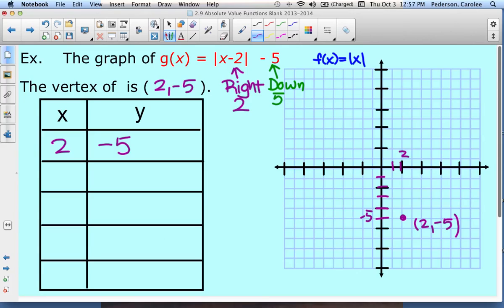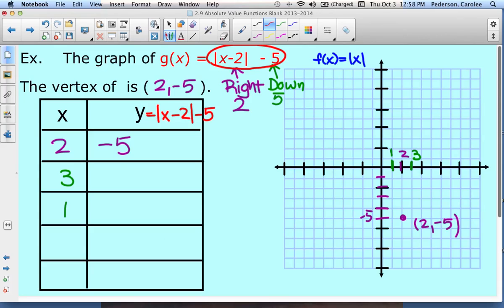Now we're going to go ahead and pick a point on the x-axis directly to the right one and to the left one. So I'm going to go to my x-axis, right now I'm at 2, I'm going to go right 1, so now I'm at 3, and left 1, now I'm at 1. And those are the numbers I'm going to evaluate. So I have 3 and 1. Remember, what I'm evaluating is this function, the absolute value of x minus 2, minus 5.